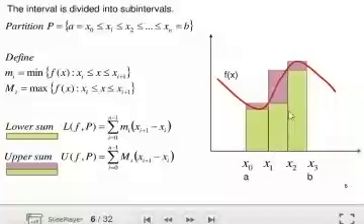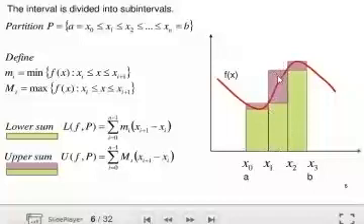The maximum value of f over this interval, say M sub 2, is nearly here. If you complete a rectangle, you can find the area.